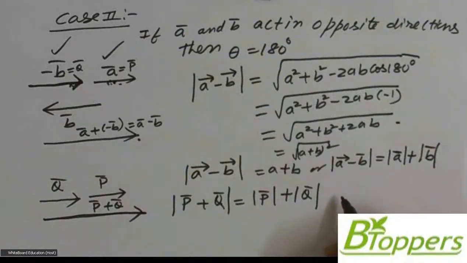So in general, if two vectors a bar and b bar act in opposite directions, the magnitude of the vector difference of the two vectors will be equal to the ordinary sum of the magnitudes of the two vectors.